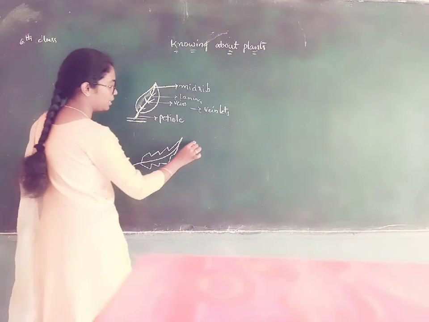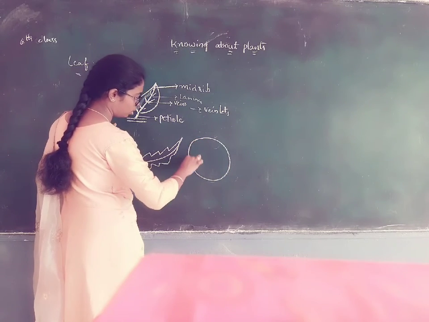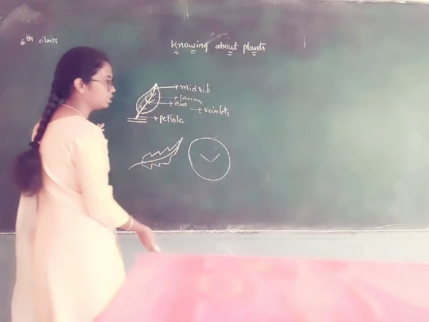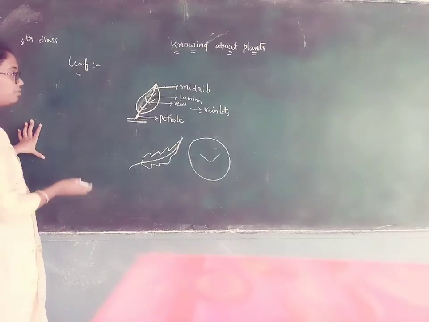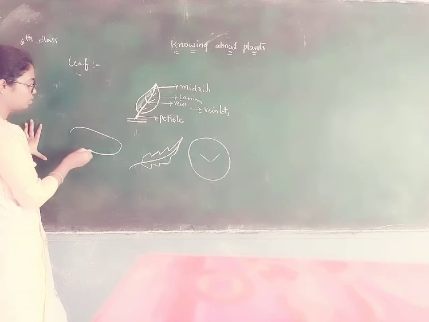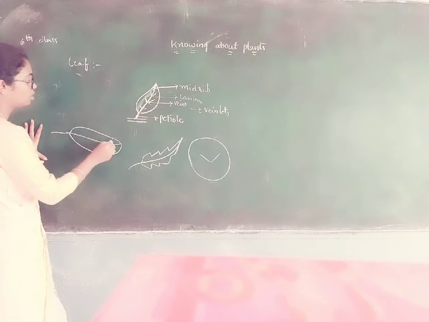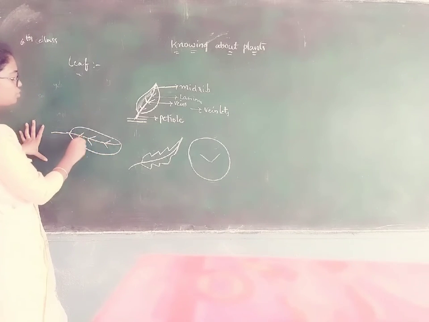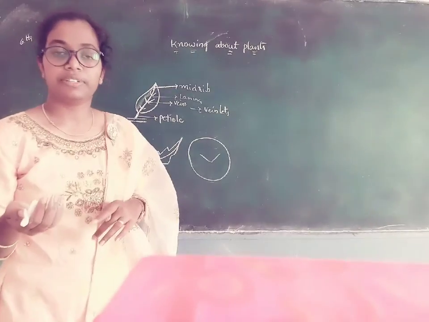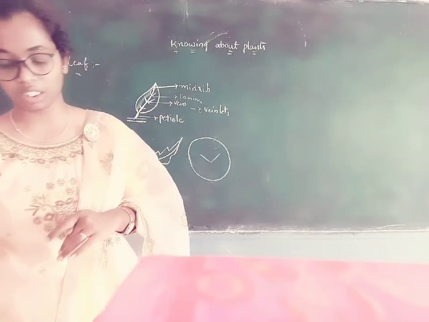Some will be round, and in the lotus we see this kind of round-shaped leaf. In the mango we see leaves in a slightly oval shape, and in the lady's finger we see an umbrella-like structure on the leaves.